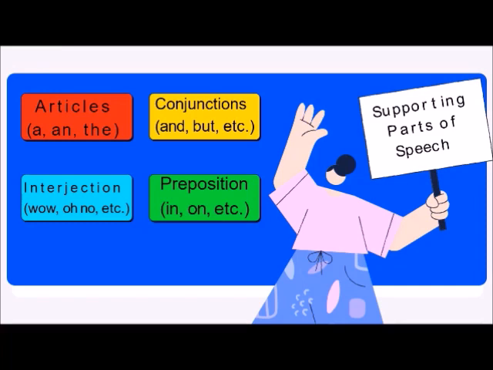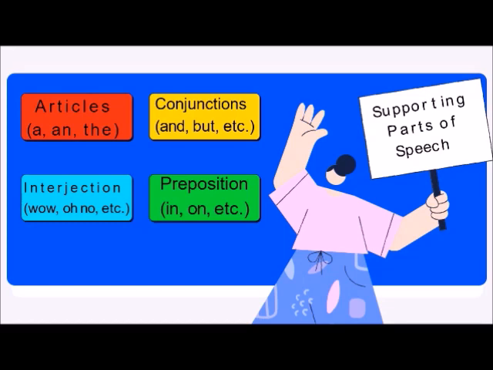There are a few supporting parts of speech also. Along with the main parts of speech, there are some more words which we need for making a sentence. These are supporting parts of speech.